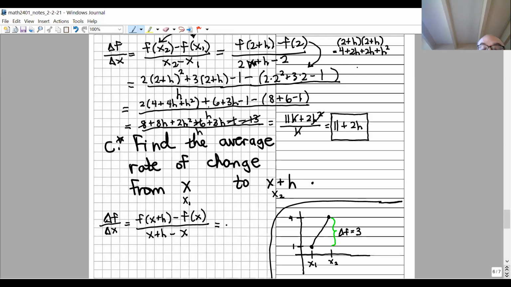See how the denominator is going to work out so nicely now? Notice it's going to turn out again to be h. So the denominator is very easy. What's tricky is going to be this numerator. That's where all the work is going to be involved.